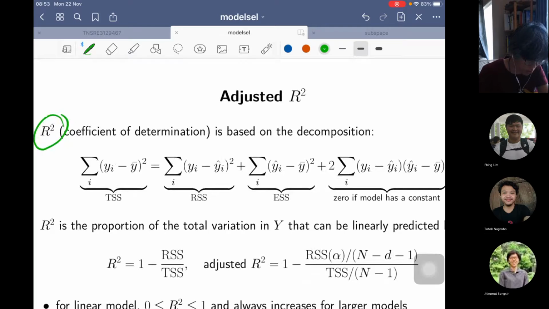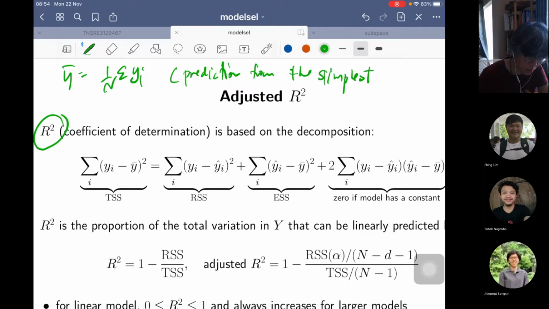Y is the response variable, and Y bar is the average of yi. So Y bar basically represents our prediction from the simplest model, and that model is the constant model.